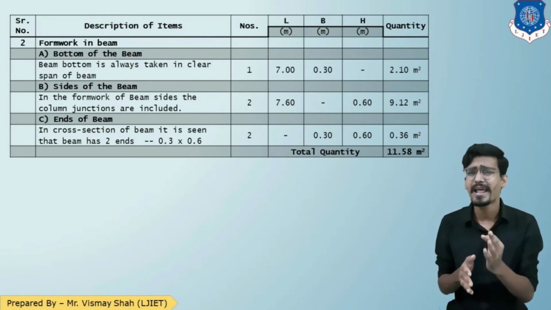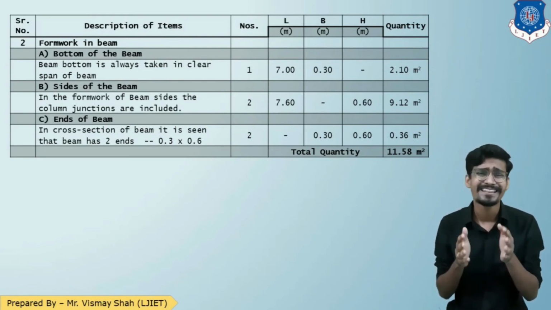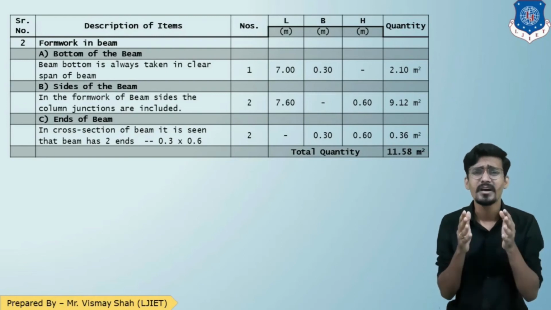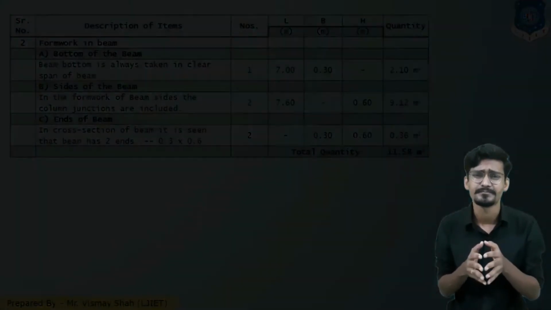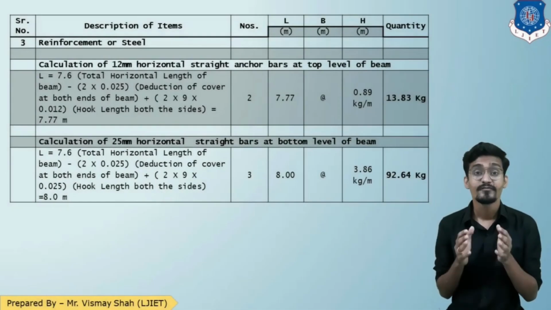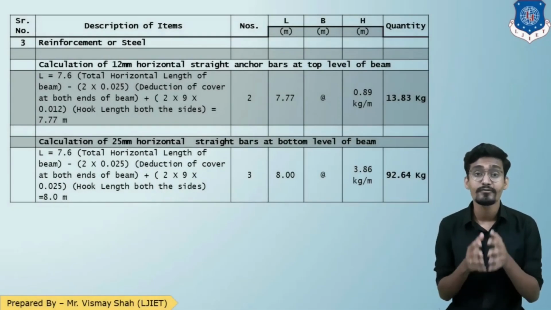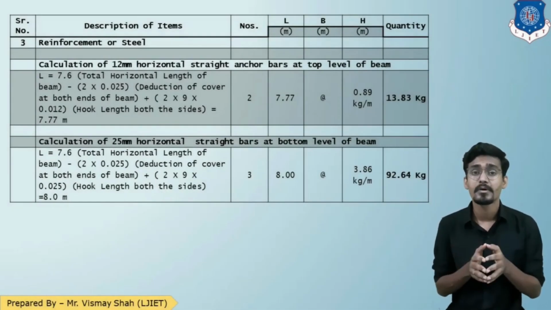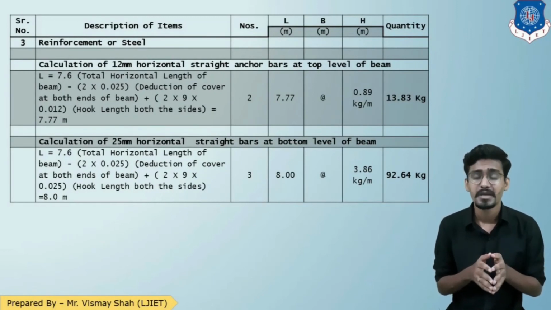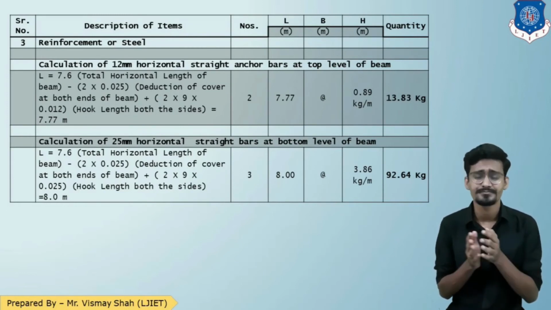Now the third and the most important quantity, that is reinforcement work. Let us see. First we'll calculate for 12 mm horizontal bars which are at the top level of the beam. Now we know the formula for the length of the 12 mm bar.